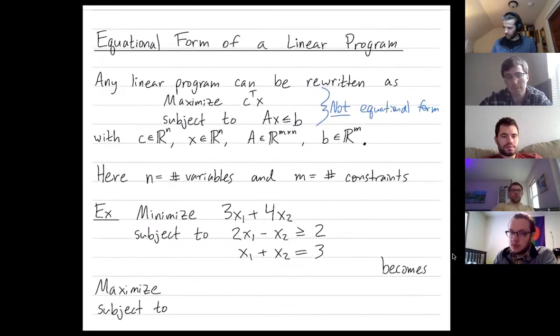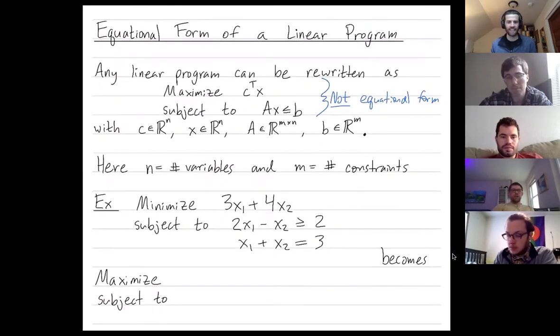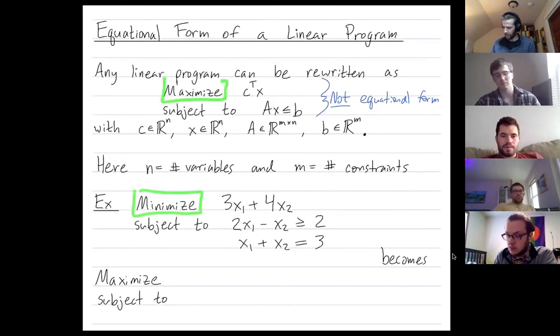Okay, so let's put this sample linear program into this particular form. The first thing I need to do is change my minimize into a maximize. And that is always easy. You just multiply the function that you're optimizing by -1.